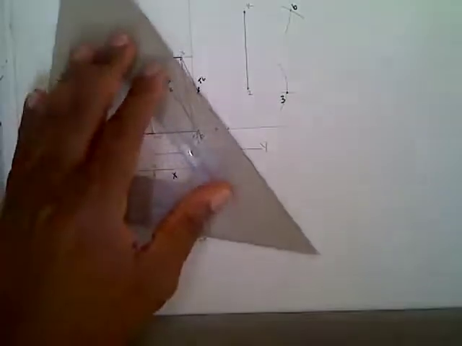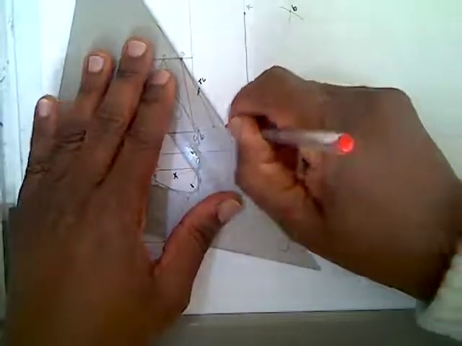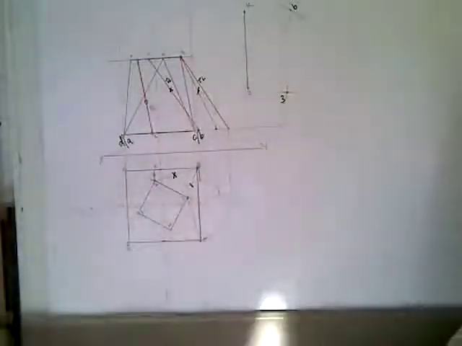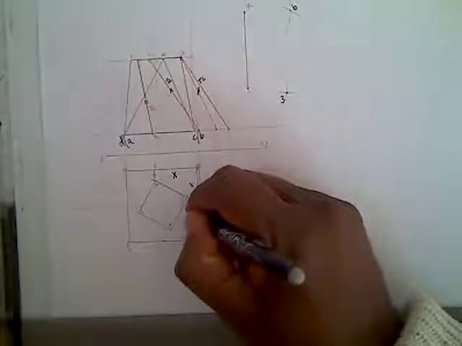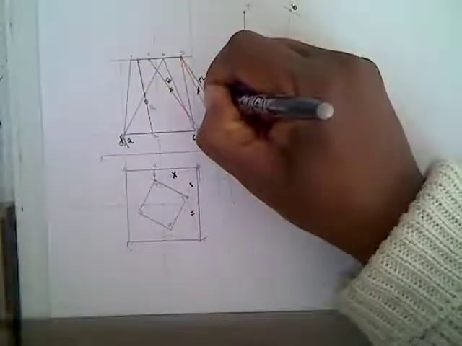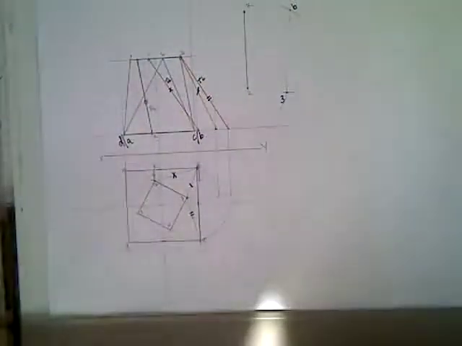3C will be that true length. Let me write it, that true length, 3C. But which one? This one I will name it like that. So the true length of that one is that one.